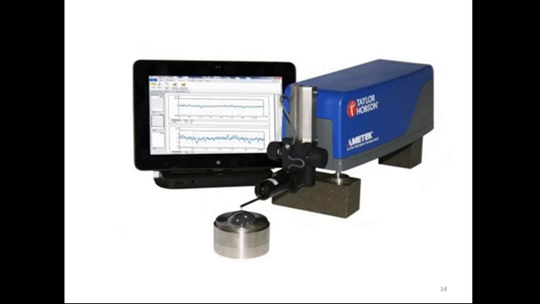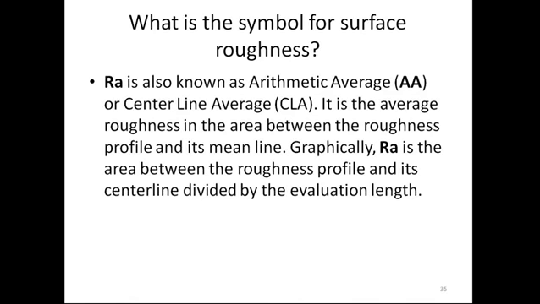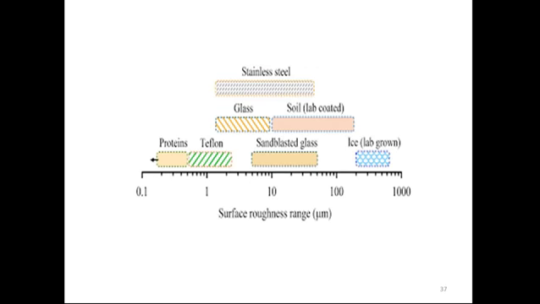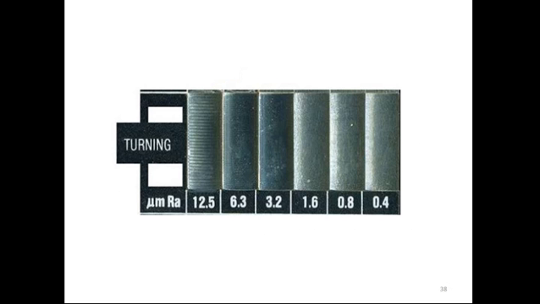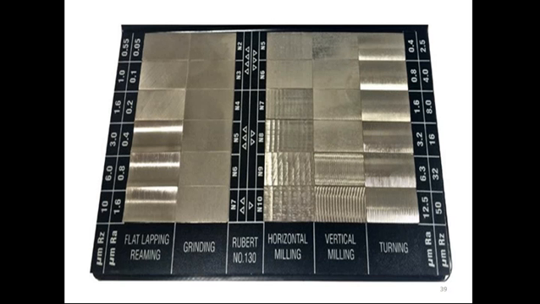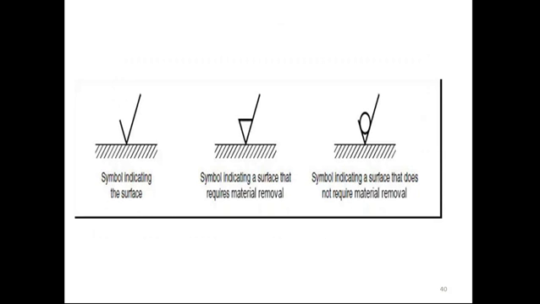Then we saw examples of materials and what kind of Ra value each has. In turning operation, we saw how we can achieve the Ra. Also we saw examples of flat tapping, reaming, grinding, vertical milling, and horizontal milling, how the surface looks, and what kind of Ra we can achieve with each machine.